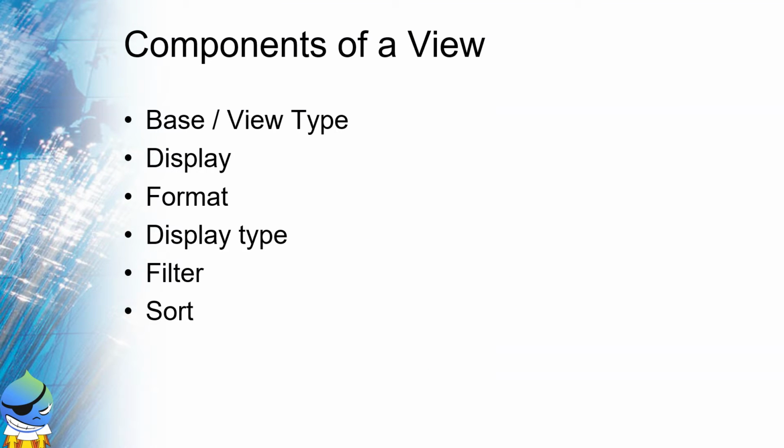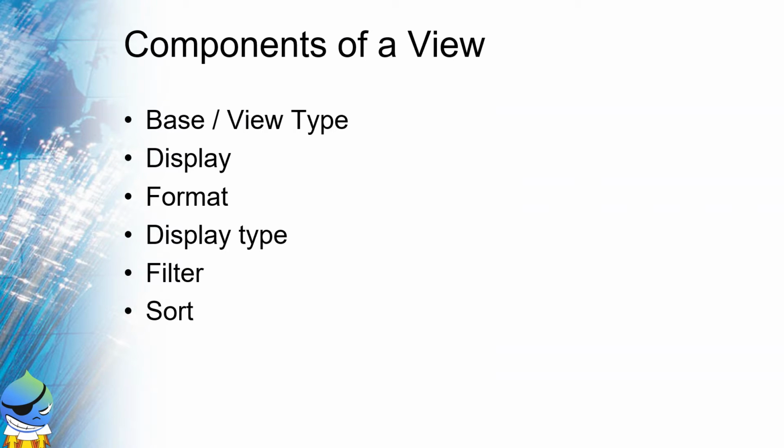So coming back to views, now that we've got structured data that makes views interesting, the components of a view: basically you've got a base or view type, and when you first create a view, you pick it, and once you've picked it, views forgets to tell you what it is, so you have to remember.